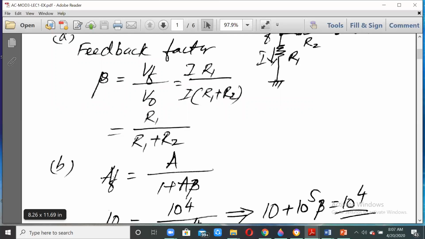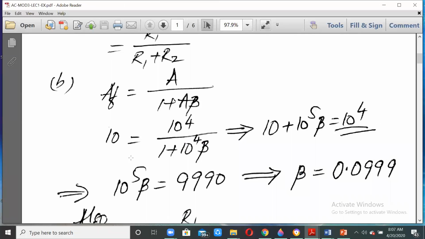Then part B is to find the value of R1 by R2 when AF is given as 10 and A is given as 10 to the power of 4. So AF equals 10, and A by 1 plus A beta, with A as 10 to the power of 4, is the formula.